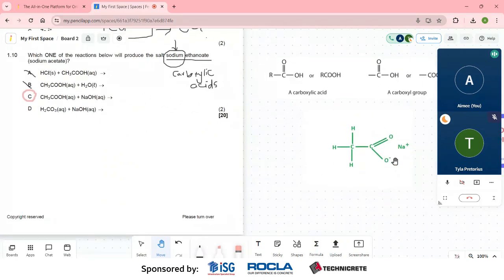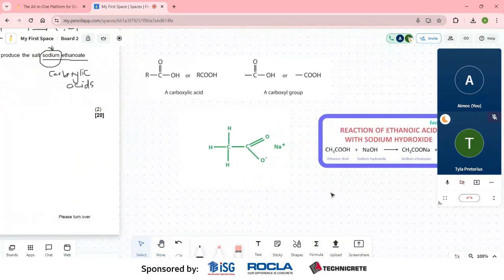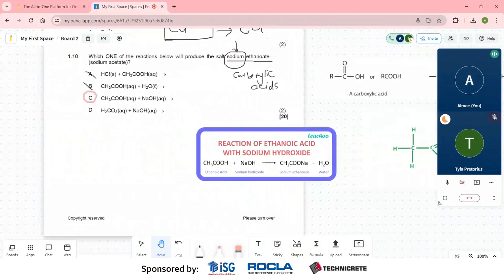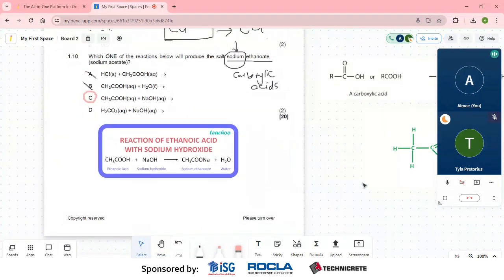I brought this here so that you could have a look at the actual equation when it's complete. CH3COOH, ethanoic acid, plus NaOH, otherwise known as sodium hydroxide, gives us sodium ethanoate plus water. Why?